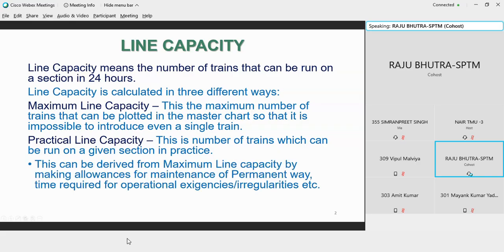This can be derived from maximum line capacity by making allowances for maintenance of P-way, time required for operational exigencies, irregularities, etc. If we make allowances for all these activities, then whatever line capacity is left will be the practical line capacity of the section.